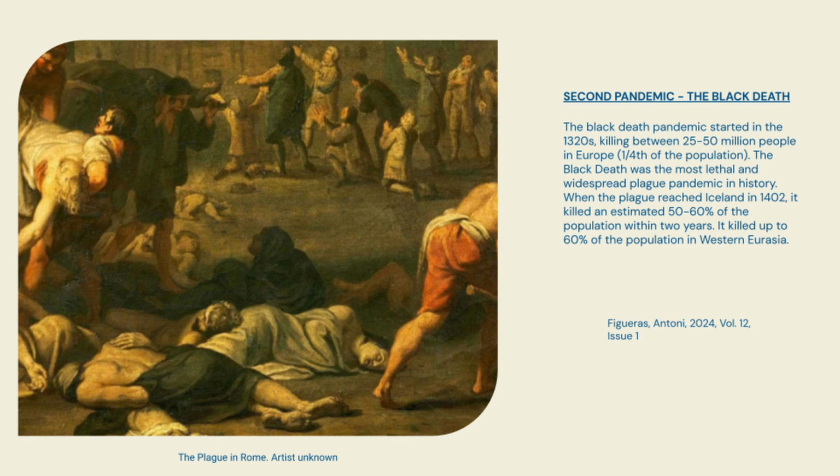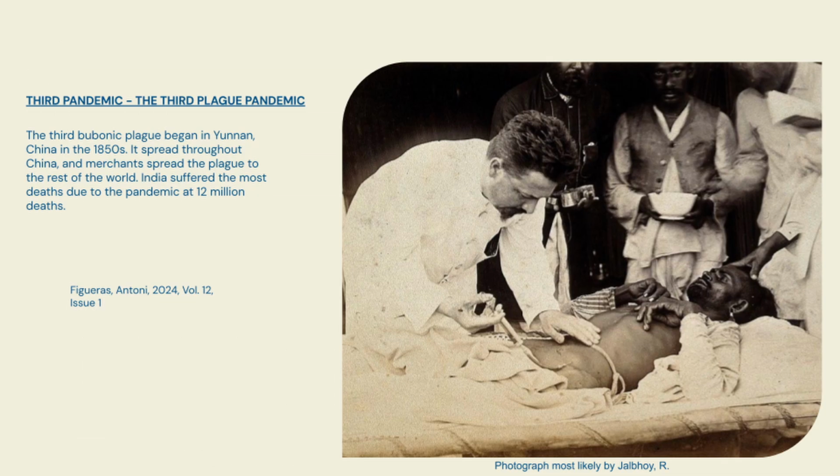Just for reference, when it reached Iceland in 1402, it killed an estimated 50 to 60% of the population within 2 years. And it also killed up to 60% of the population in Western Eurasia. So it was devastating. Truly awful. All right, the third plague pandemic occurred in Yunnan, China, in the 1850s, and it spread throughout China.